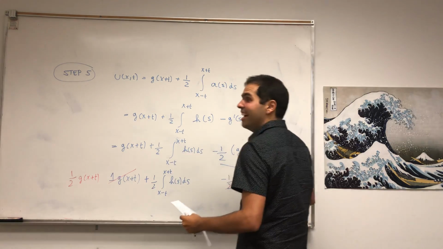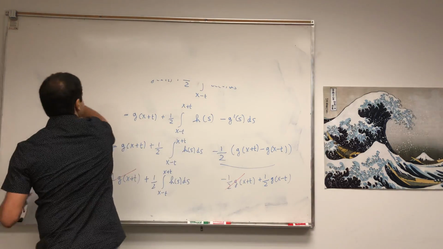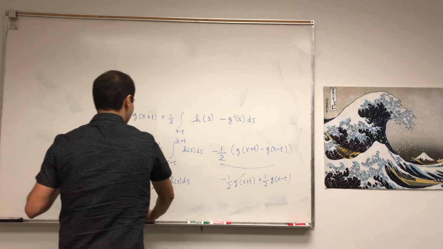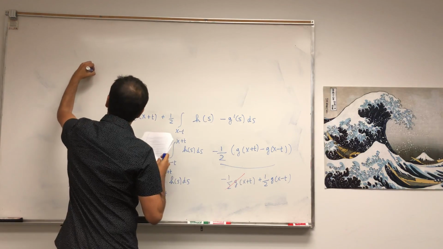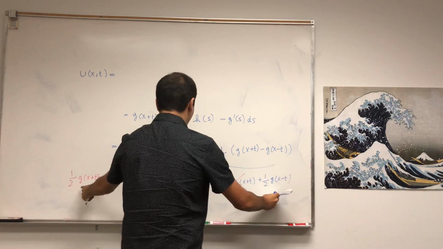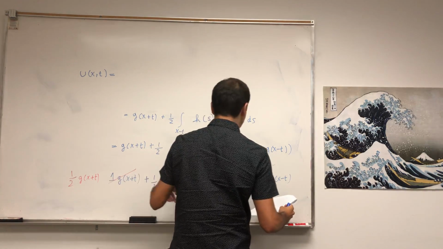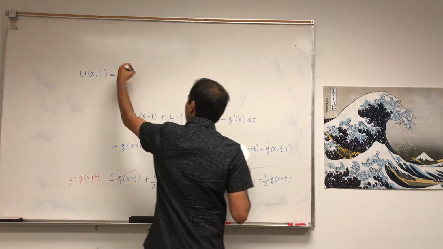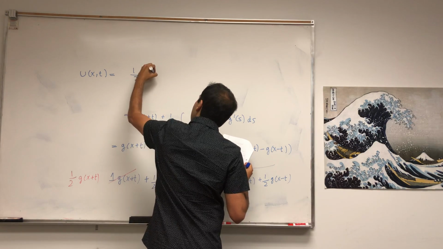And so in the end, we are left with, indeed, D'Alembert's formula. So our conclusion is that, in fact, u of x,t is 1/2 g of x plus t plus 1/2 g of x minus t.